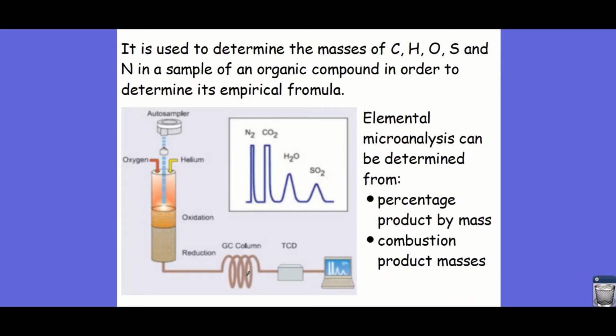So that's quite a long column which separates the different gases that are produced, usually based on their molecular mass, and then they are analysed and you're given an idea of the percentage or the mass of each gas that is produced.